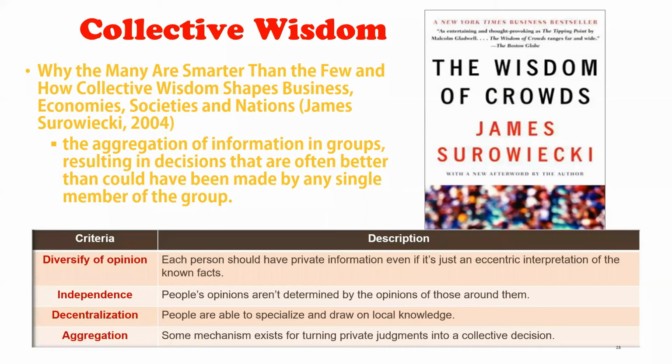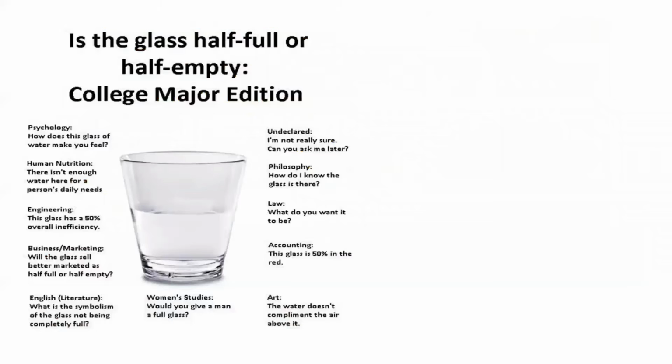Then decentralization, so they are able to specialize and draw on local knowledge. And then aggregation, so some mechanism exists for turning private judgment into a collective decision. So you have a certain platform that allows this. This is the aspect where, he argued, you can create the wisdom of the crowd.